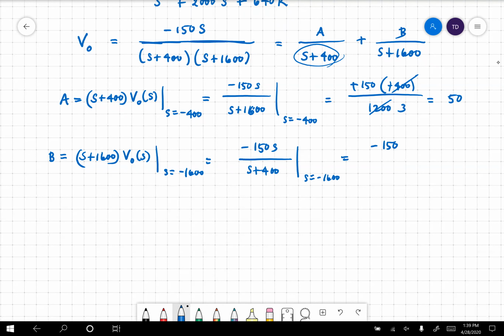Minus 150 times minus 1600 divided by minus 1600 plus 400, which is minus 1200. Let's see, 400 goes into 1200 3 times, 4 times, 50 times. That's equal to, let's see, I have 3 negatives there, so it's a negative 200 equals negative 200.